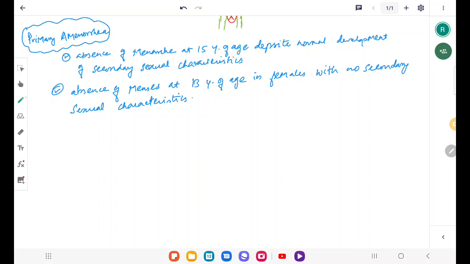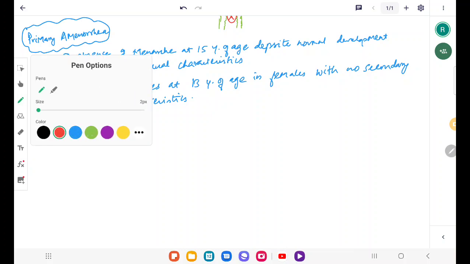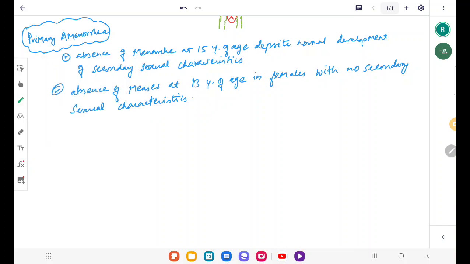And now we'll study the etiology or causes of primary amenorrhea. The first cause is constitutional growth delay.